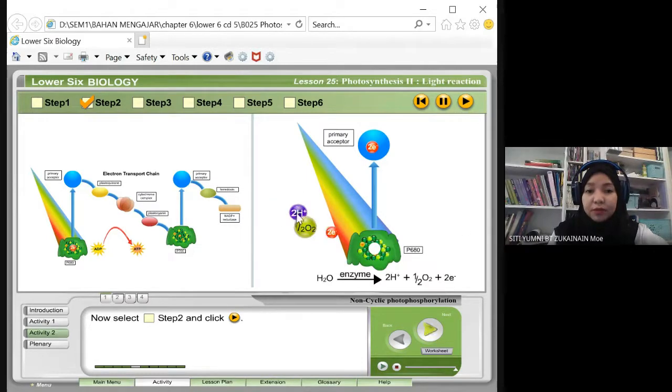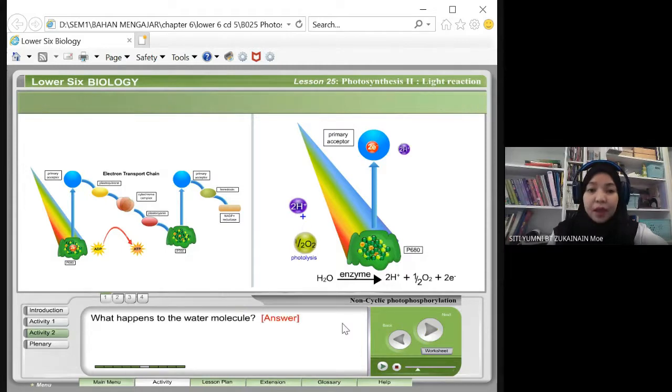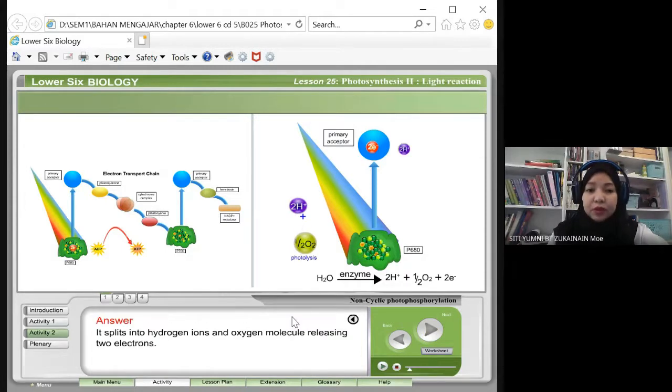Now you can see the water molecule is involved. What happens to the water molecule here? Here you can see that the water molecule is split into hydrogen ions and oxygen molecule, releasing two electrons. So two electrons were released during this photolysis.